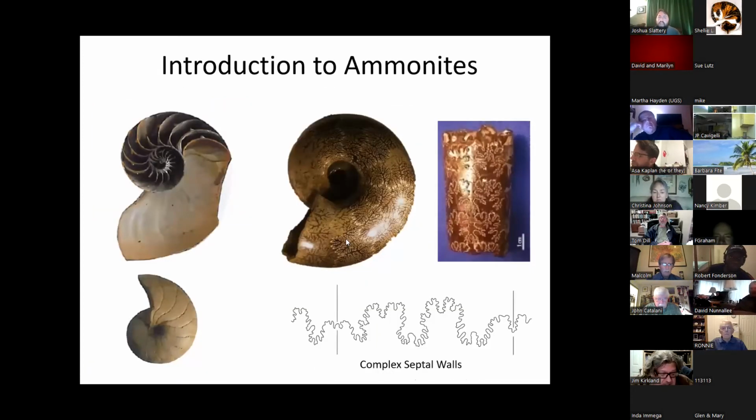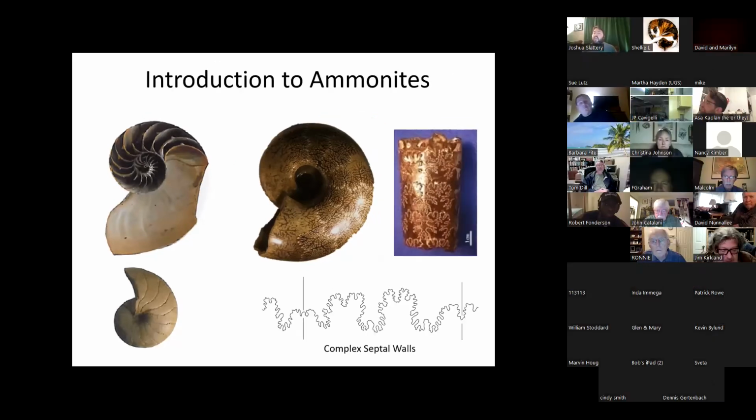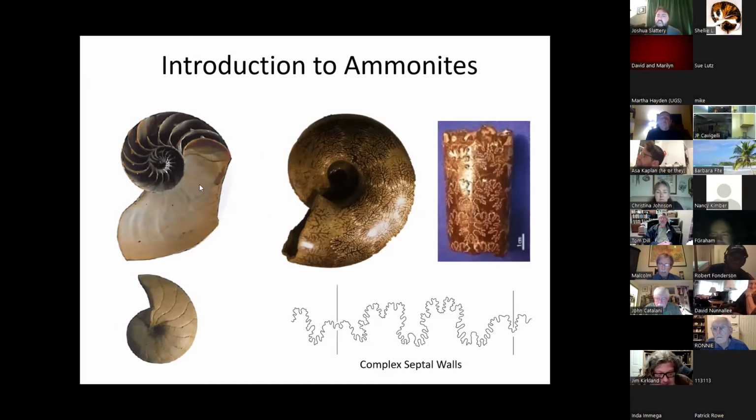To give you a little more background about ammonoids, they look very similar to the modern nautilus, at least the shell shape does. They're ectocochleate cephalopods, which means they had an external shell. This is in contrast to the coleoids, which are the octopods, squid, and vampire squids living today, which usually have internal shells.